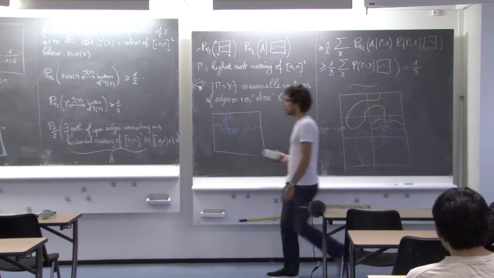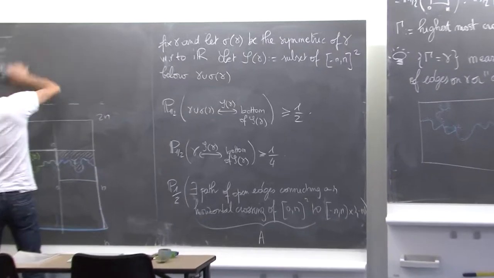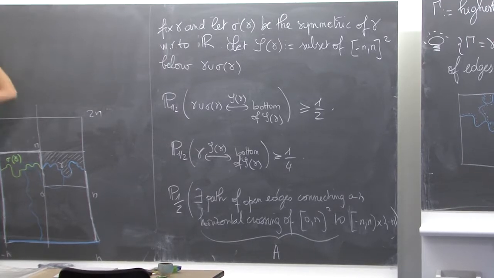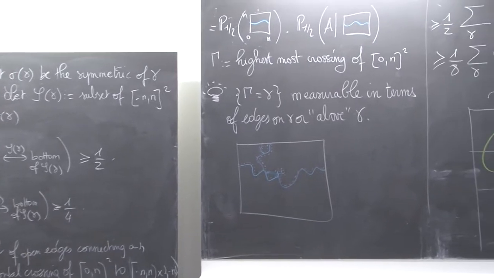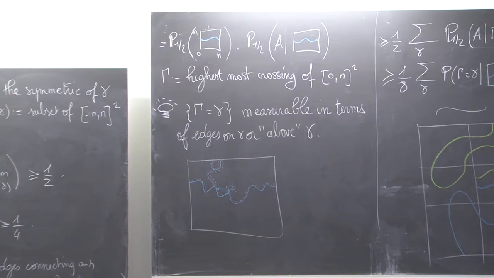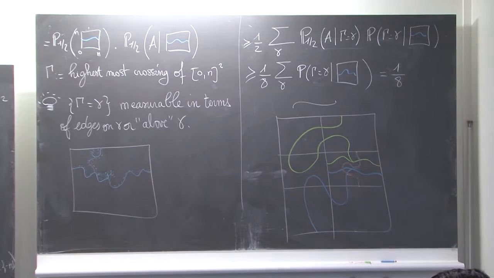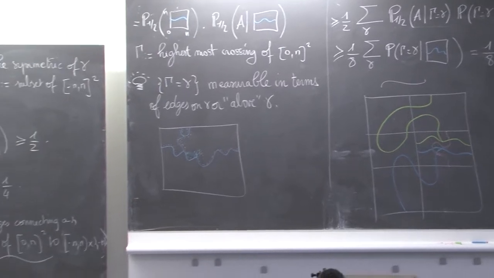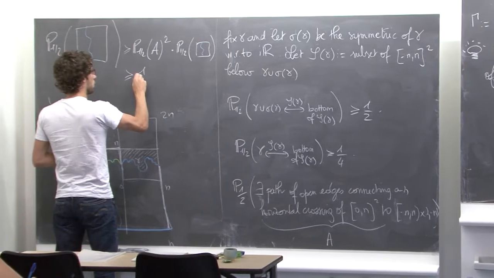So the conclusion is just going to be the FKG inequality, which is telling me the probability at 1/2 of my crossing like that is going to be larger or equal to probability at 1/2 of the event A squared, because I need to use it at the bottom and its reflection at the top, times the probability at 1/2 of crossing the small box like that. So this is going to be larger than 1/64.